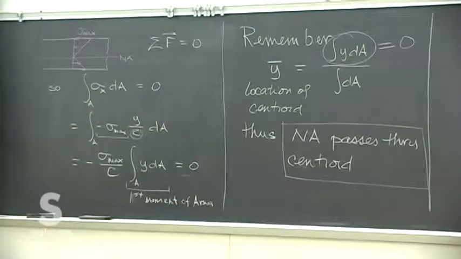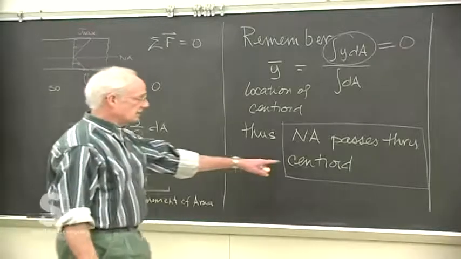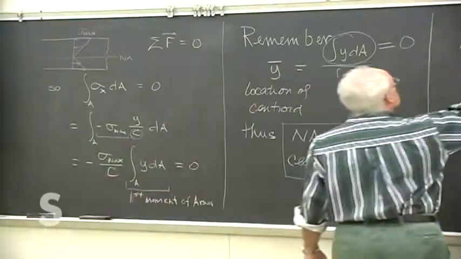Because we know how to find the centroid. For a lot of very regular cross sections, like just a simple rectangular beam, we don't have to calculate anything. We know where it is. If we have a beam that's symmetric not only about the y, but also about the z, we immediately know where the centroid is. So it makes things quite simple.